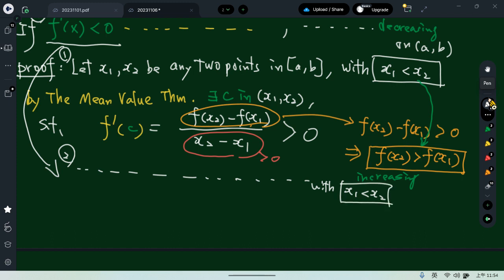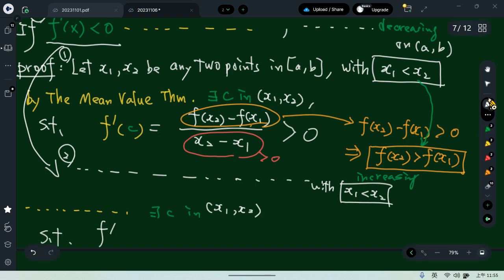Also by the mean value theorem, we can always find a C in (S1, S2) such that f prime of C is f of S2 minus f of S1 over S2 minus S1.